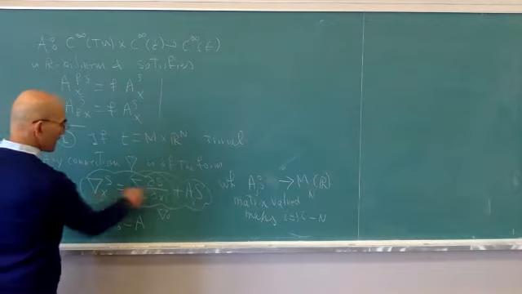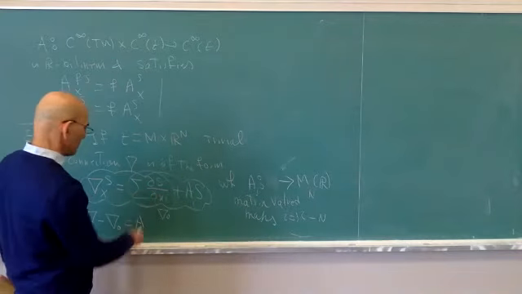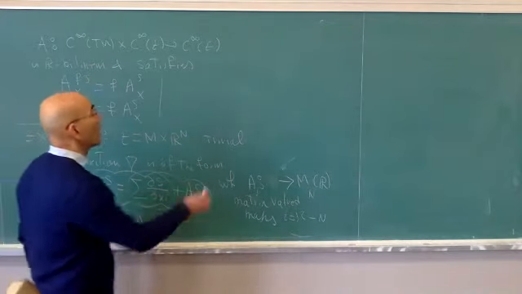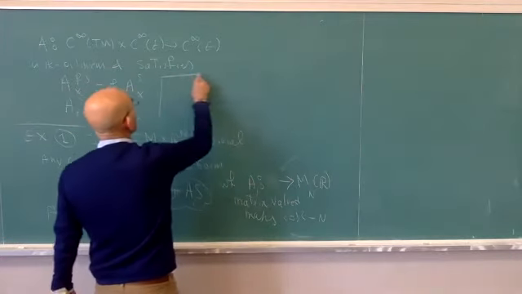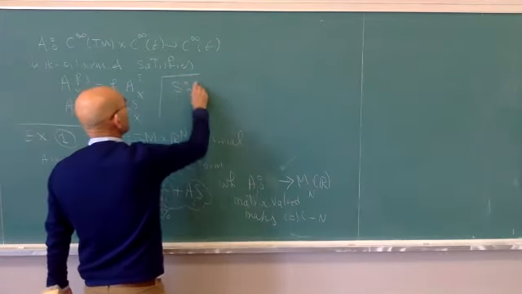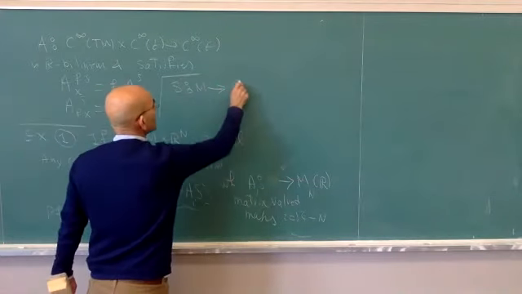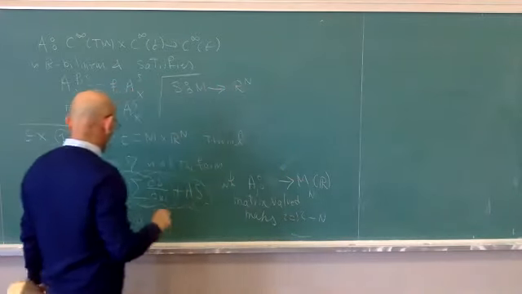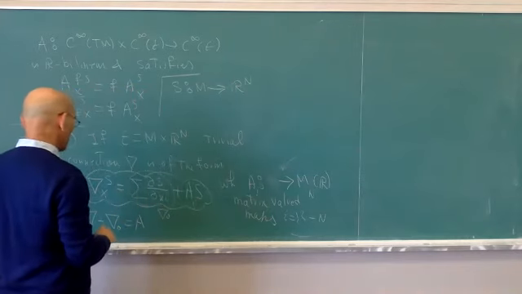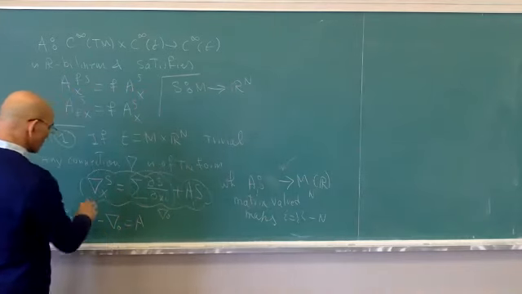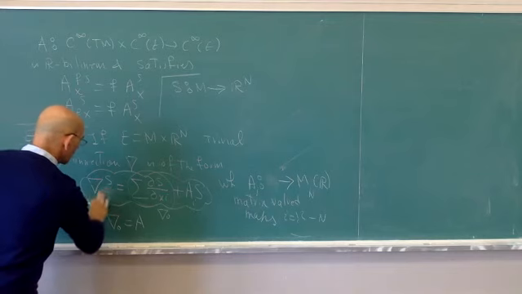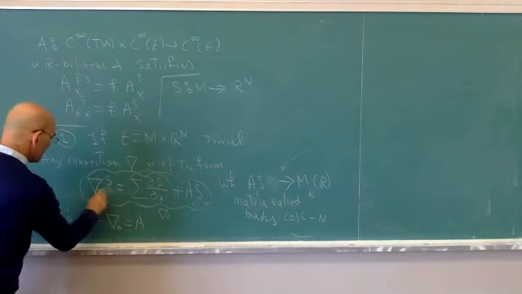Let's try to understand this formula, because the essence of the thing is really this formula. You see, S is going from M to Rn, right? So we are thinking of this. Okay, so this is, I should say, EI, sorry.